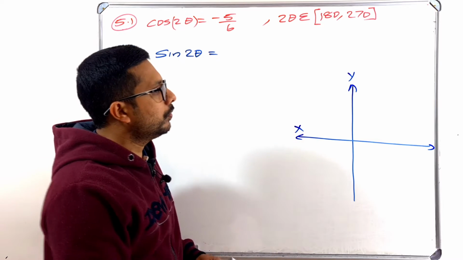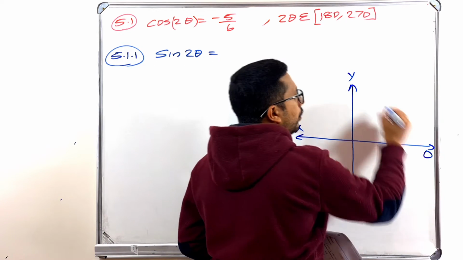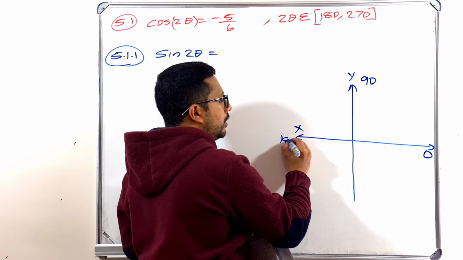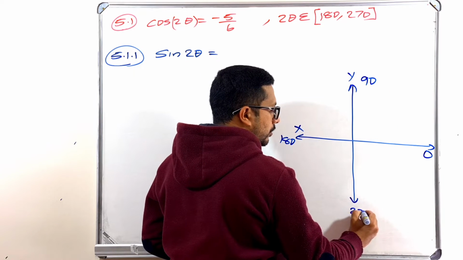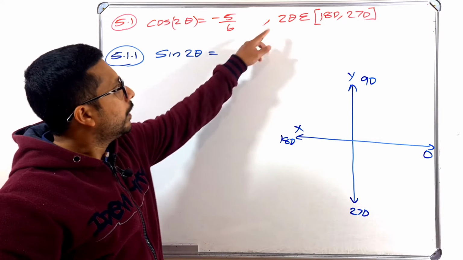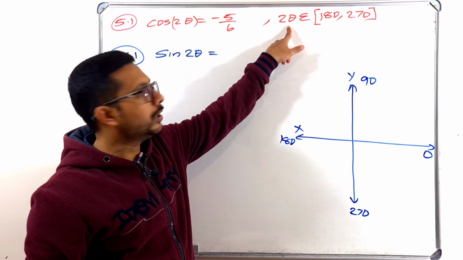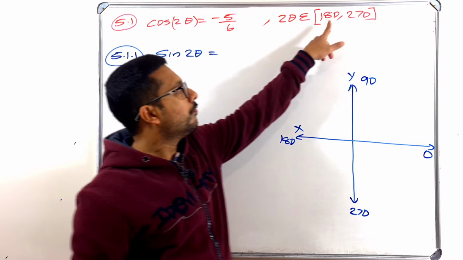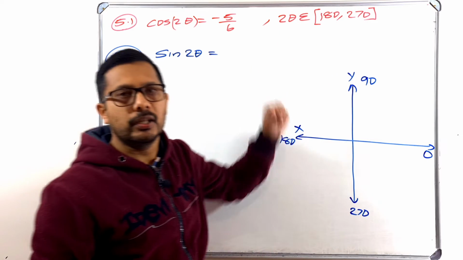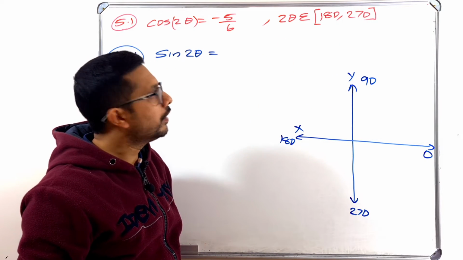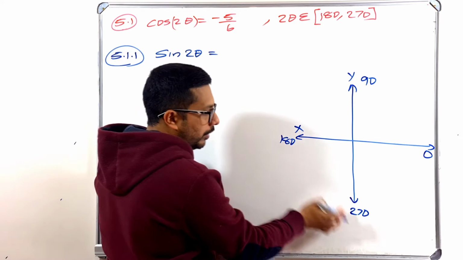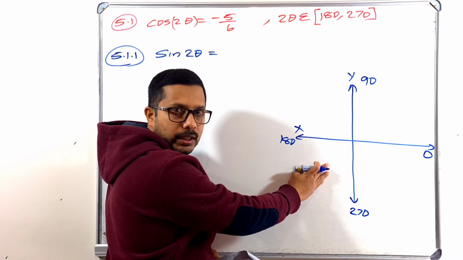Now this one is 0, here it is 90, this is 180, this one is 270, then 360. Look at this 2 theta. 2 theta is an element of 180 to 270. It is straightforward. Between 180 and 270 means it is on the third quadrant.